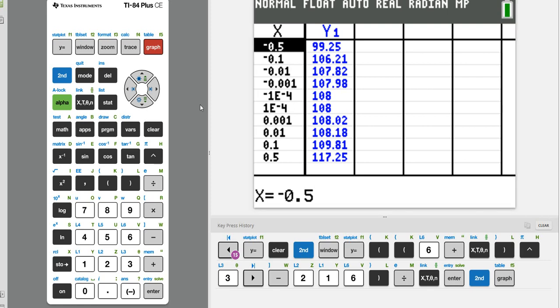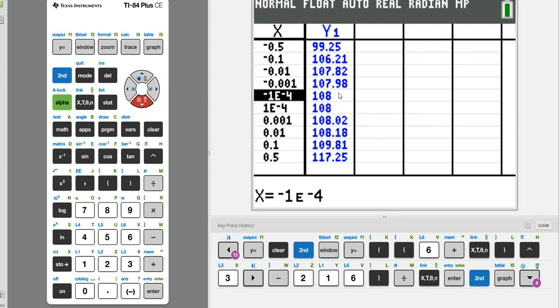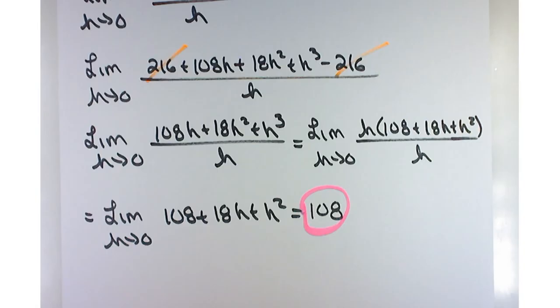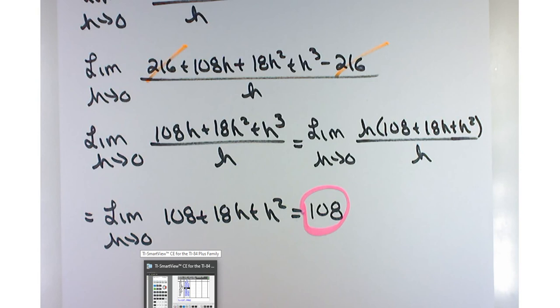It's probably not exactly 108; there are probably some digits hidden here. If you put the cursor on that 108, at the bottom it will show you the actual value: 107.9982. That's pretty close. Safe bet that it's heading to 108. You could also look at it graphically and reach the same conclusion.